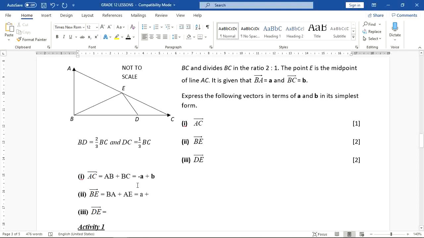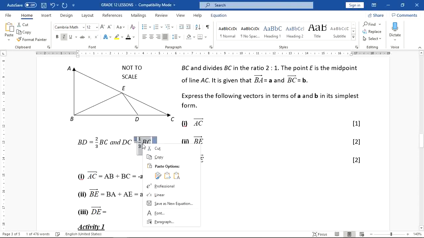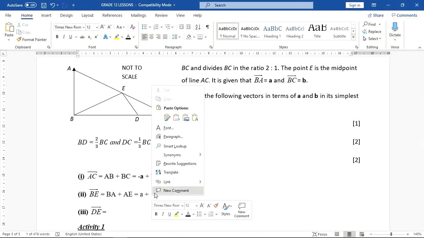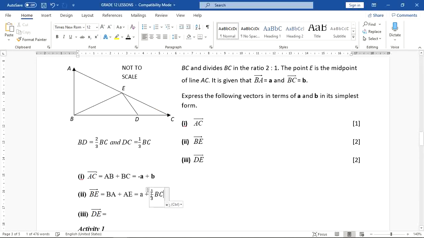So if you can just allow me to copy this and paste it here. We say half, open bracket, close the bracket, and then we substitute in this.